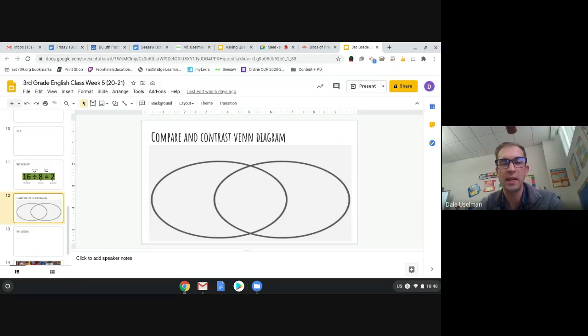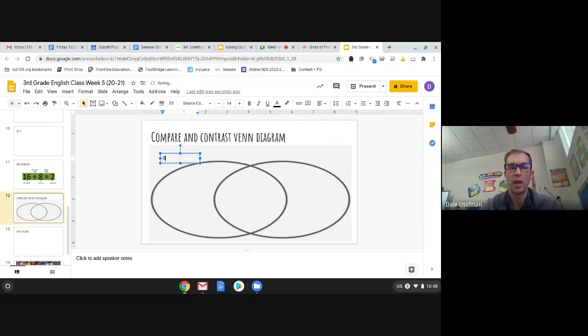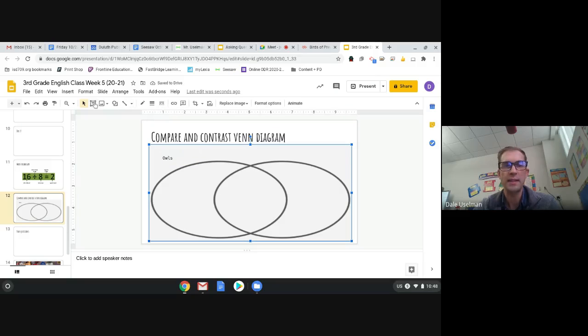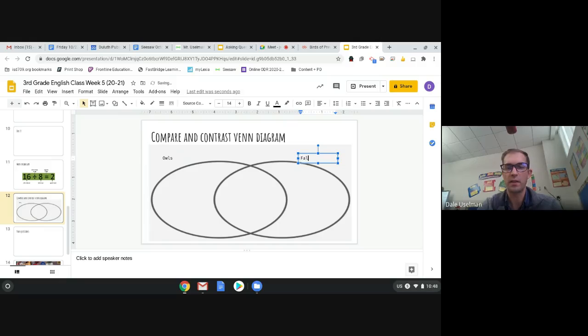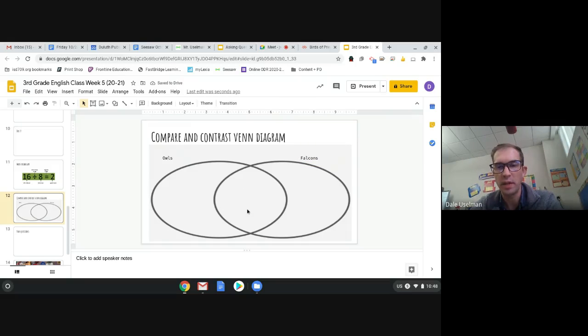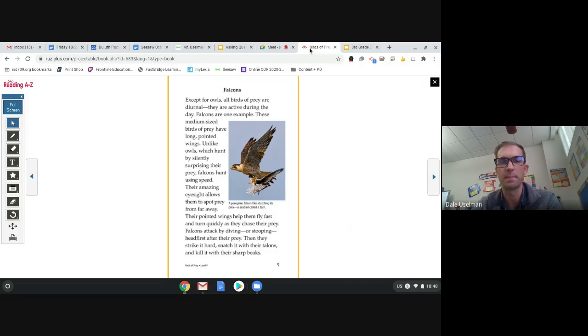While we're reading the next chapter on falcons, I want us to be thinking about how owls are similar and different to falcons. Okay, so for anything that's similar, we're going to put it in this space. And then for things that are different, we'll put it here in just the owl space, or here, just the falcon space. So let's read about falcons and then we'll come back to this.